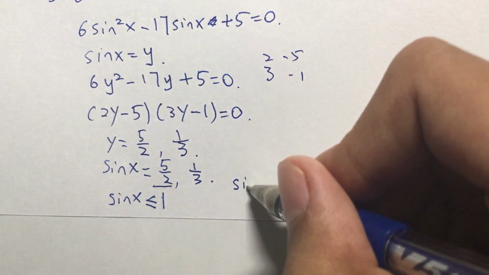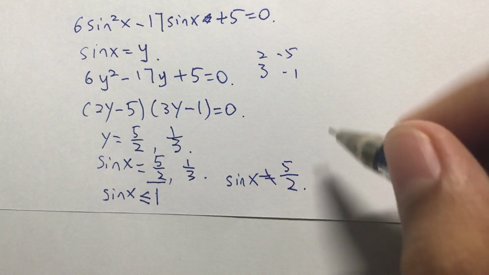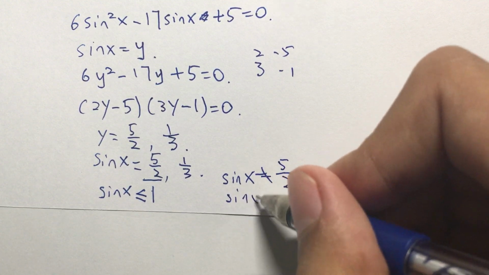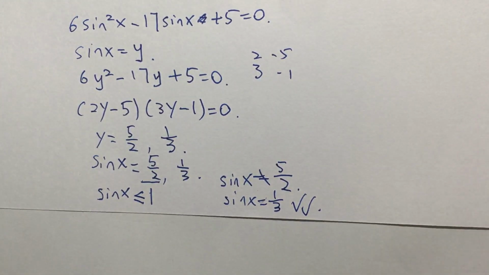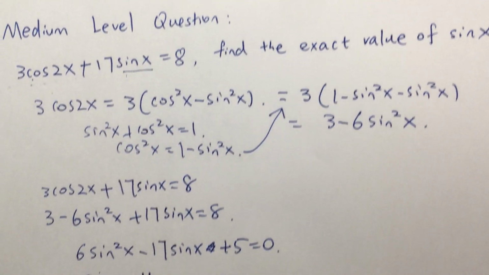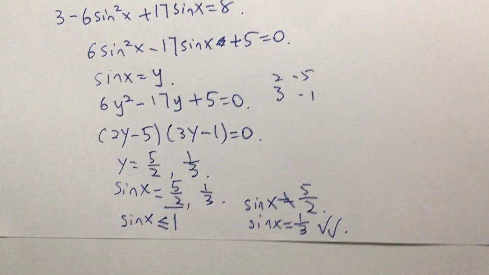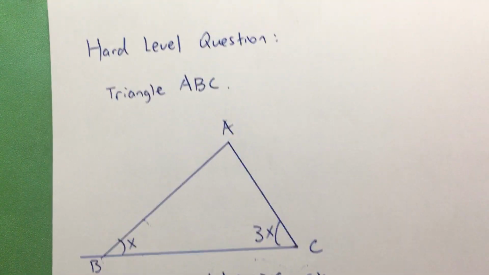So sine x cannot equal 5 over 2. So sine x is equal to 1 over 3 only, and we have solved this problem. Now let's move to a hard level question.